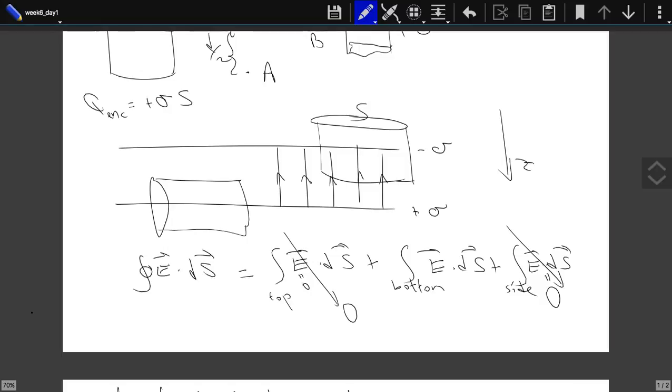In this example, we are dealing with conductors and insulators, we did it in the class, but we said that in conductors it's sigma over epsilon naught, due to the negative charge existing on one side, and the other side is cancelled because of the negative charge inside the conductor.